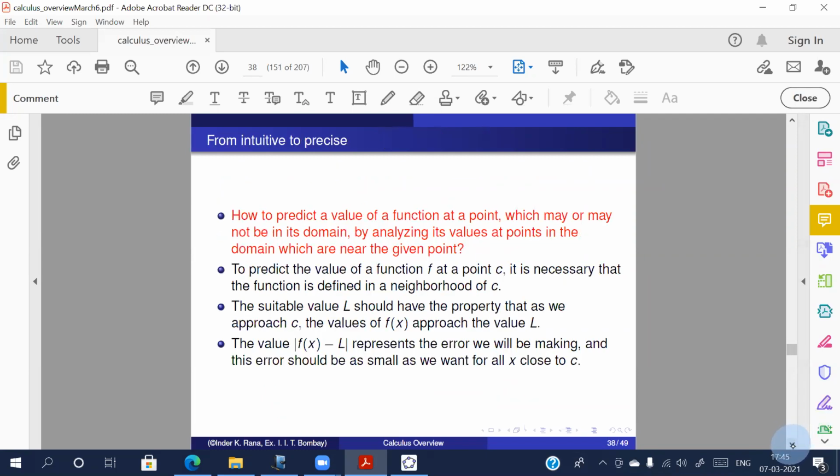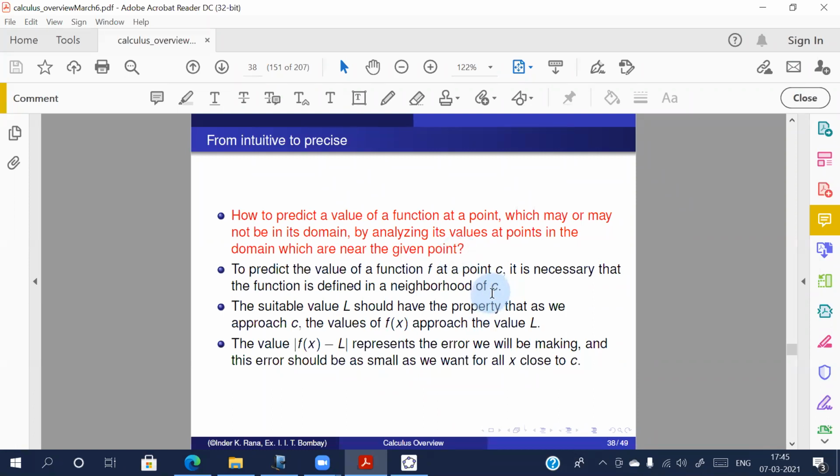Now let us come to the idea of functions. We want to find out how to predict a value for a function at a point which may or may not be in its domain by analyzing its values at nearby points in the domain. You are given a function f and a particular point c.